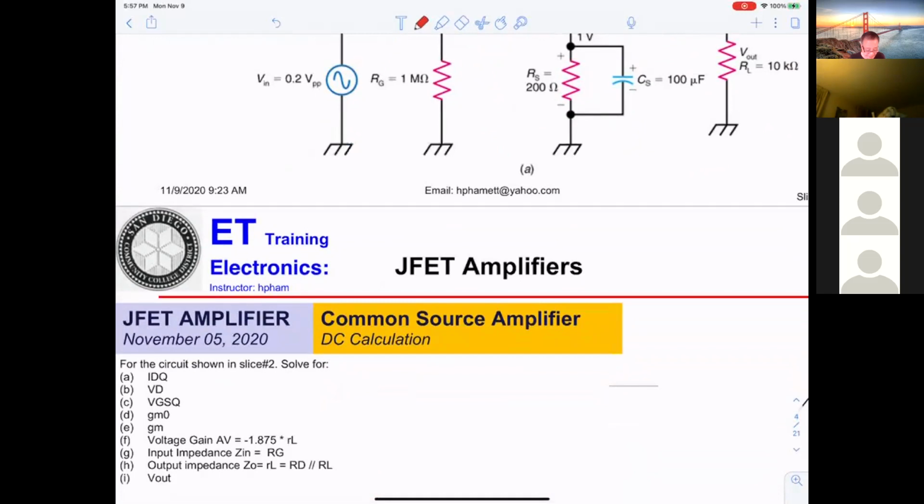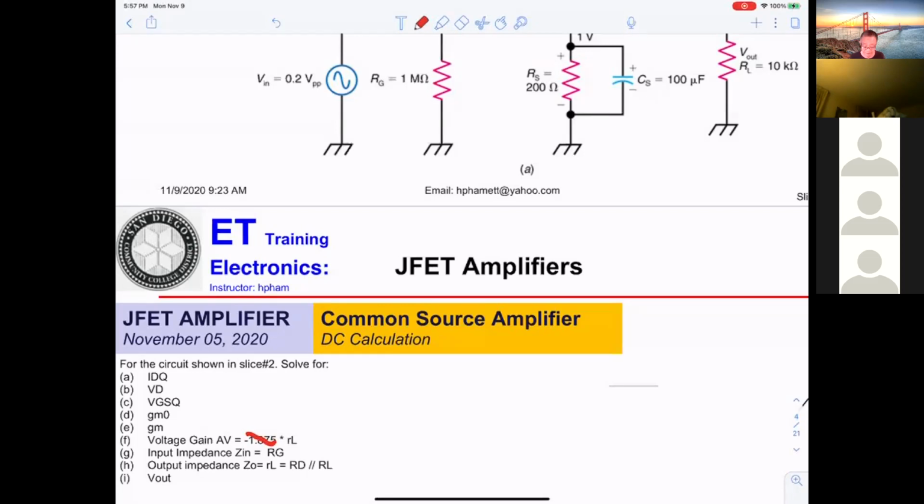So the formula is wrong here, right? The formula is not wrong, the value is wrong. The thing is, AV will be minus 3.75 times RL, that means r out.